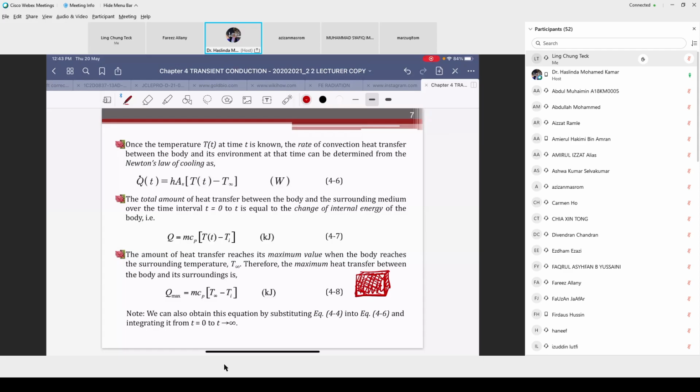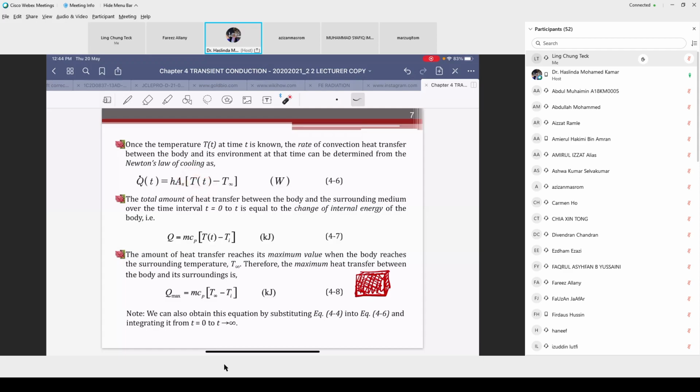The first equation, 4-6: the rate of convection heat transfer between the body and its environment at that time can be determined from this. Meaning that you want to know how much heat is being removed or transferred into a system or a body during that exact time.